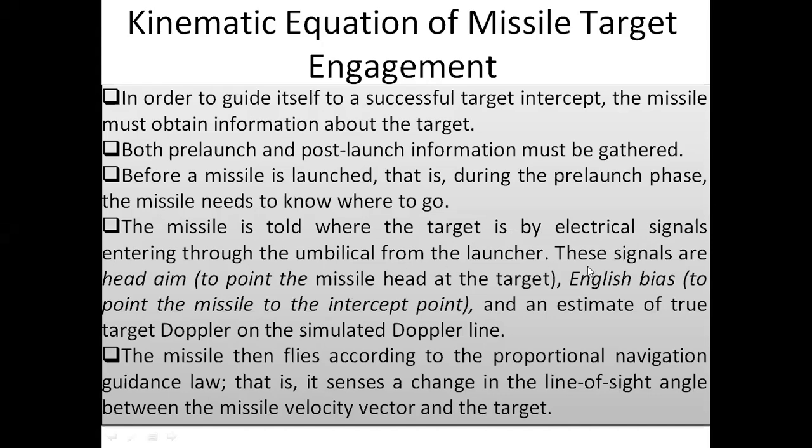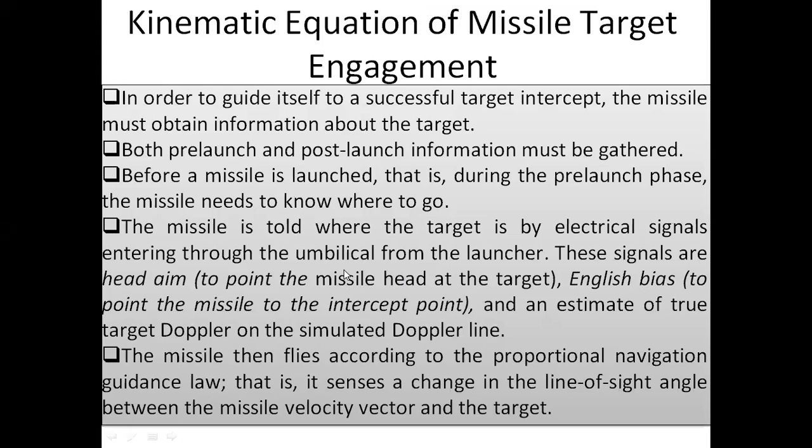These can be given using electrical signals that are head aim and English bias. Head aim is the point the missile heads at the target, and the English bias is the point the missile to the intercept point. Means when you are not engaging in pure pursuit, we need to intercept the missile at some predefined location, that will be known as the bias.